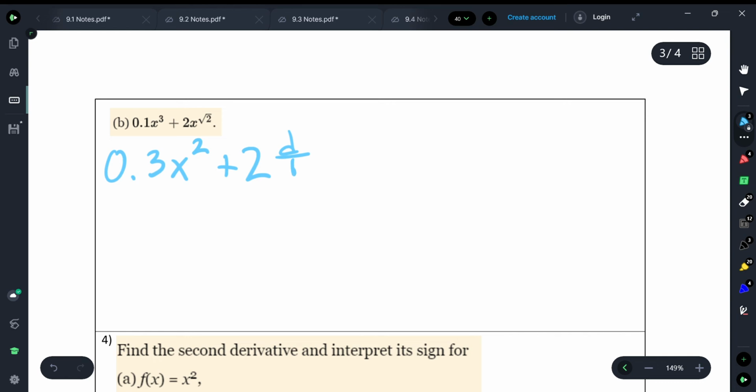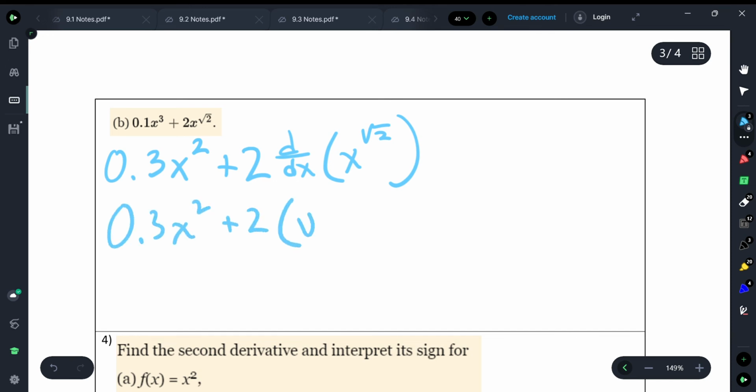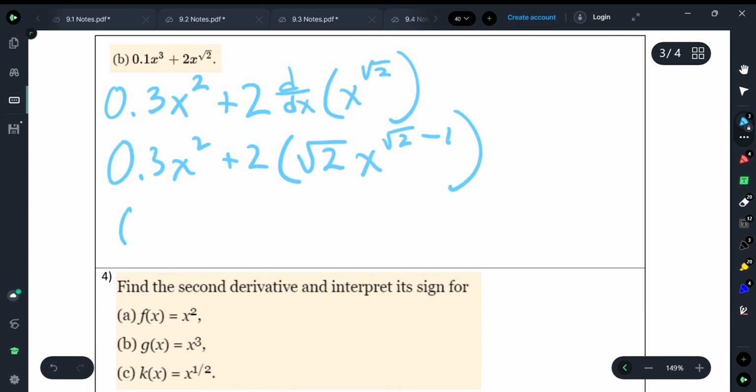All right. So it's going to be that. So I'm going to bring my power down, and I'm going to have x root 2 minus 1. All right. Okay. So nothing too hard.